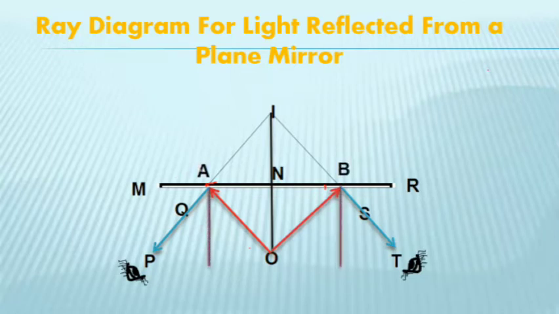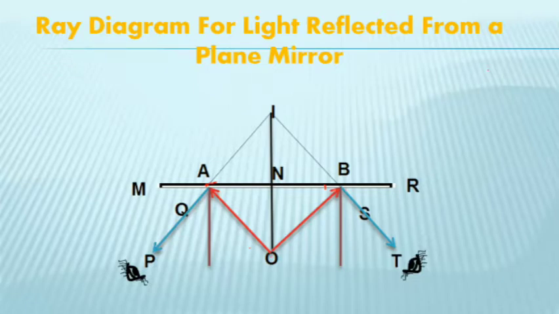It is A, and here it is B. So we will join the line from P, Q to A on the line MR, and then join A to O in the same way. Like this, we'll join T, S to the point B on the line MR, and then the same from point O to B.